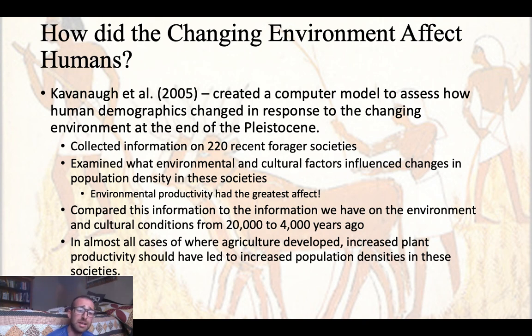What they found is that in almost all of the cases where agriculture developed, an increase in plant productivity would have led to increased population densities in these societies. Right? And that's really important.